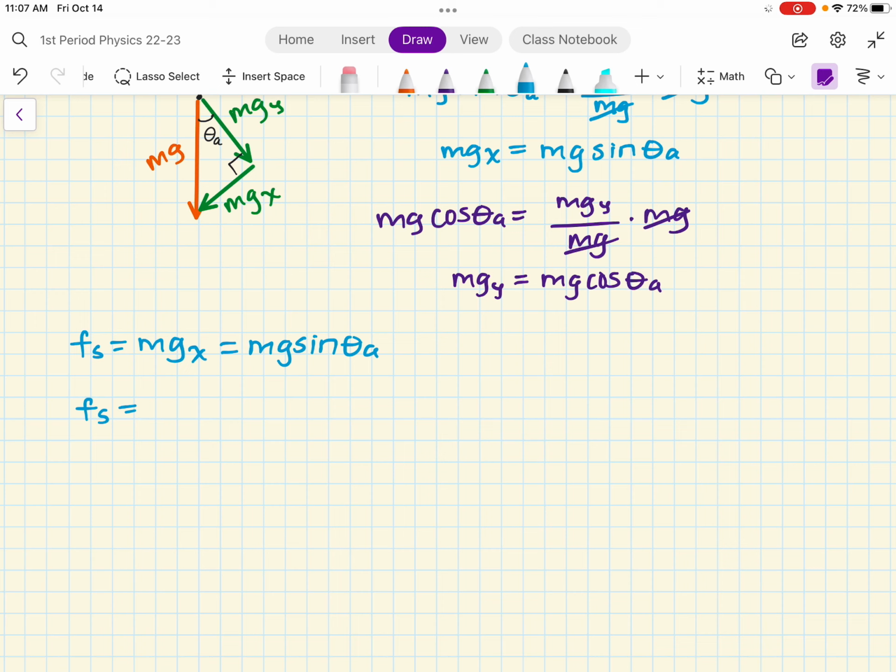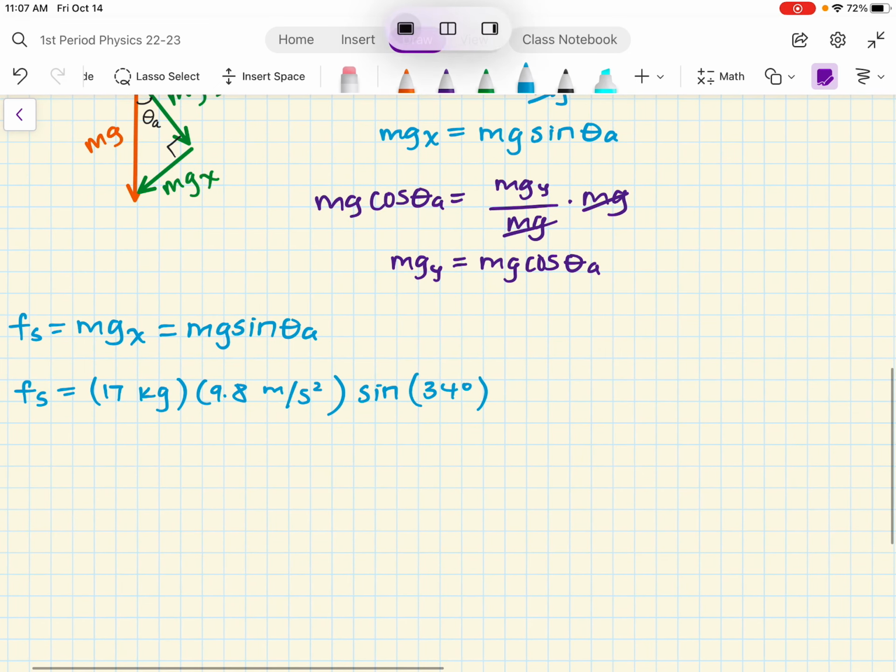Force of static friction equals the mass, 17 kilograms, times 9.8 meters per second squared, times the sine of 34 degrees.